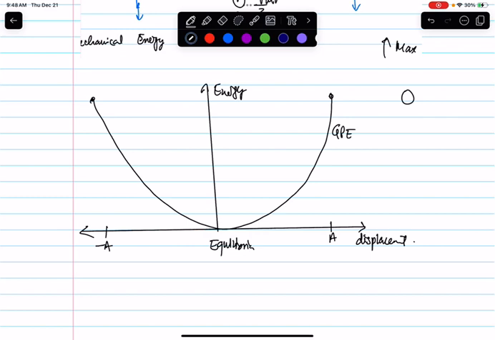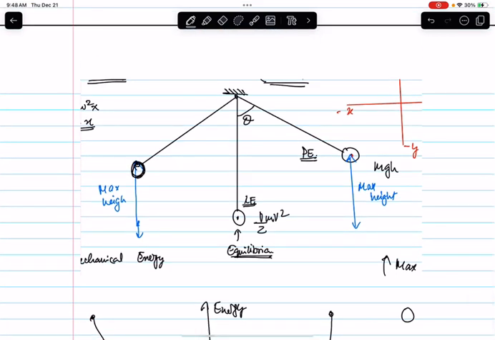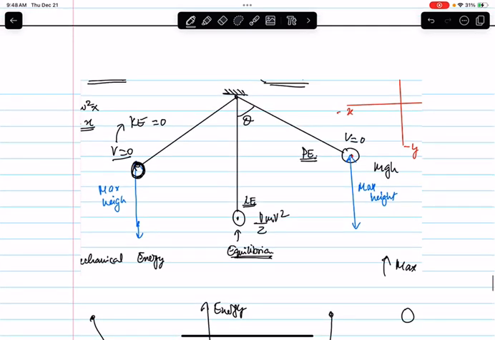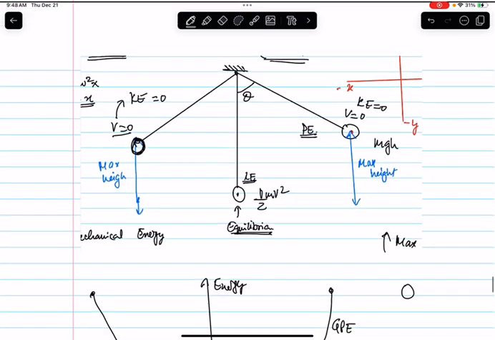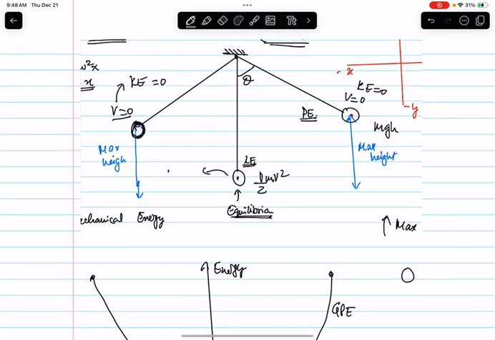Now, as we saw, at the maximum height the velocity was 0. The velocity is 0 at the amplitude, which is precisely why the kinetic energy at those points is simply 0. What we can see over here is that the kinetic energy is maximum at equilibrium.